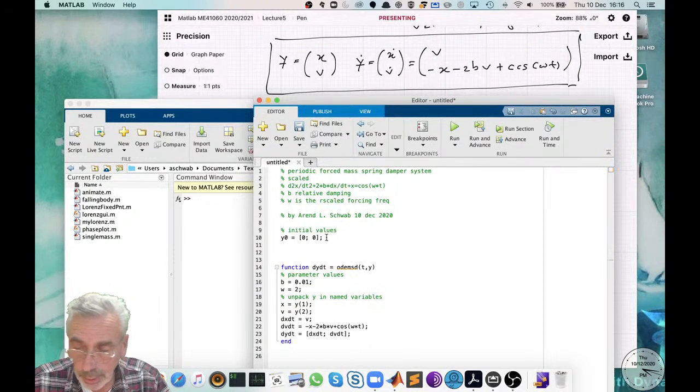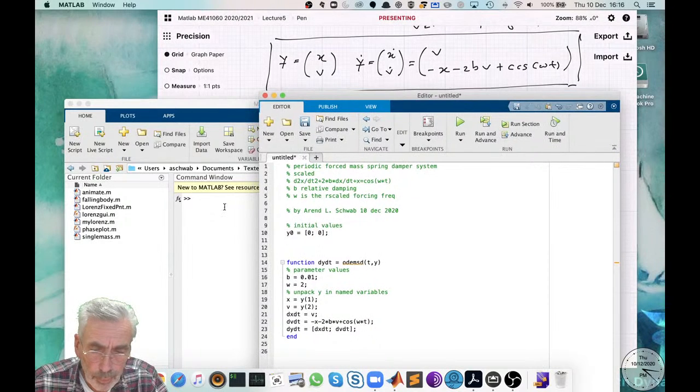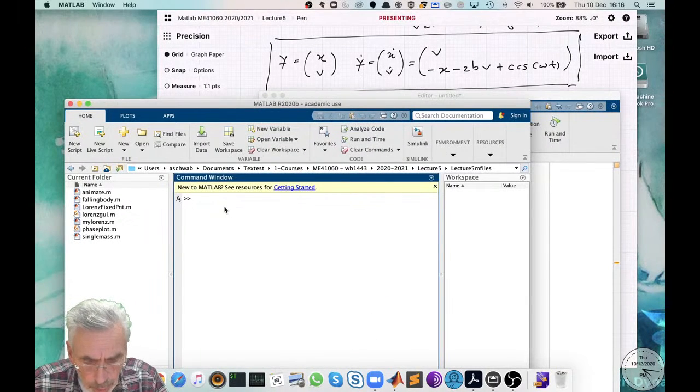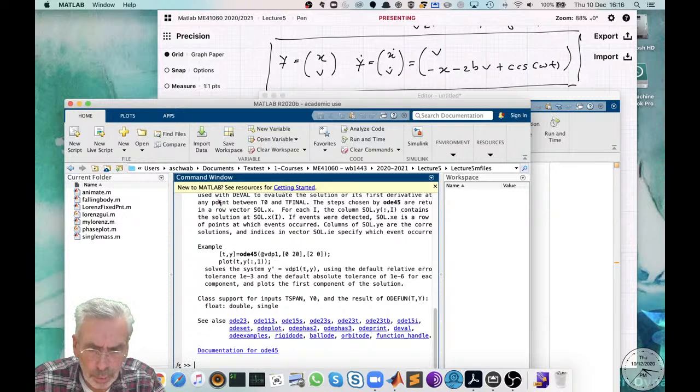So now we have to integrate that, and for that we have a number of ODE functions within Matlab. You could say help ODE45, a very famous one. Oh, I never used the help here, by the way. That was sort of stupid.